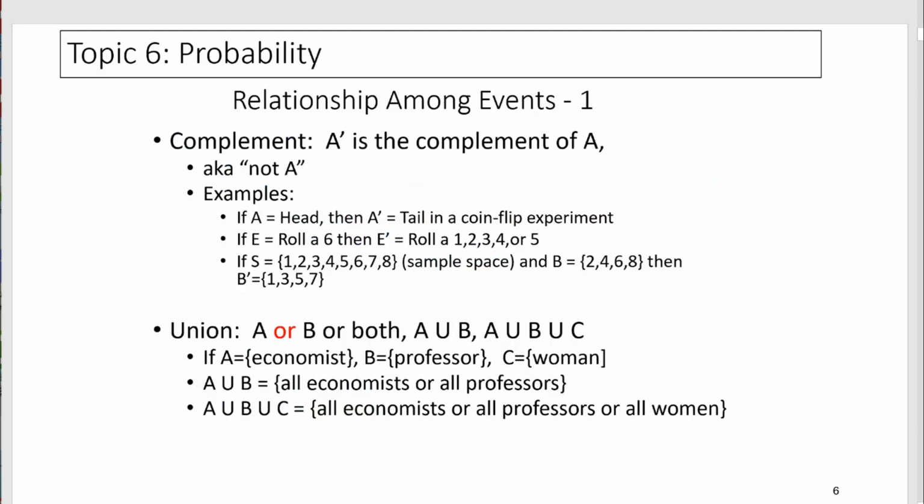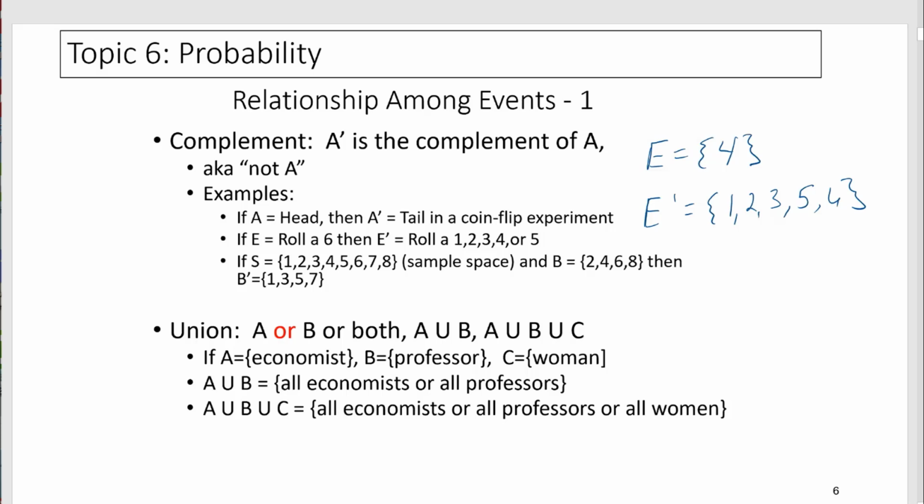We talk about different types of events, the complement of a particular event. That means if we have an event, it's everything that isn't in that event. So in the last example I said rolling a 4 or a 2, something like this, the complement of that when we roll a dice would be rolling a 1, 2, 3, 5, or 6.